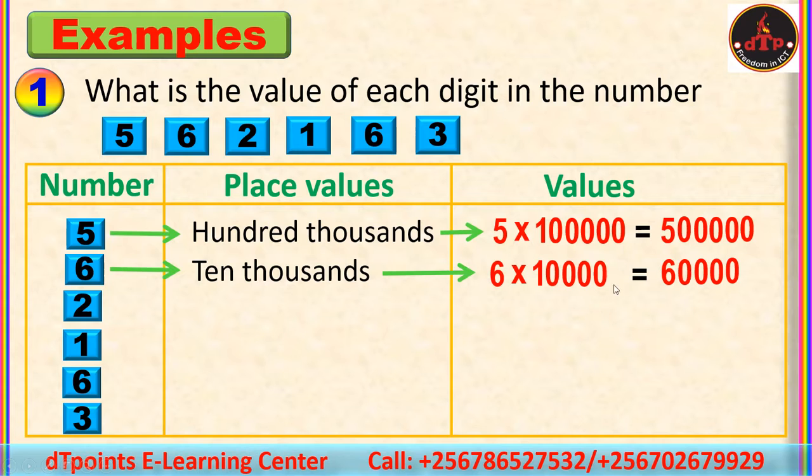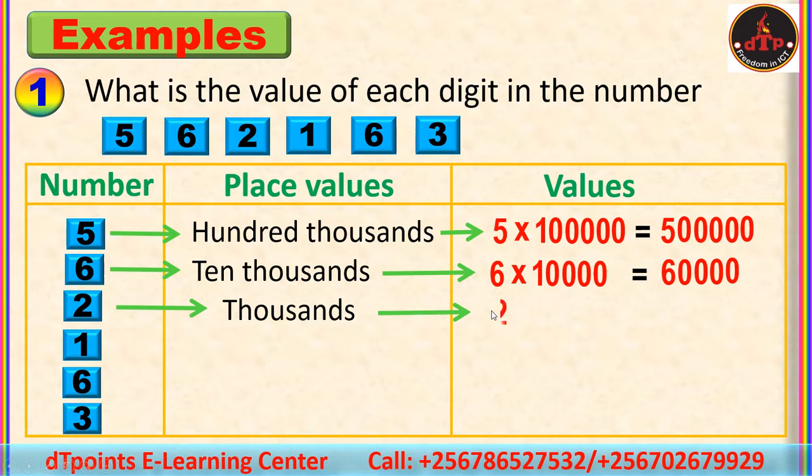Are we together? We have derived that one from the place values, and then multiplied by the place values. Now we can move on to 2. 2 is under the place value of thousands. We can proceed to find the value.